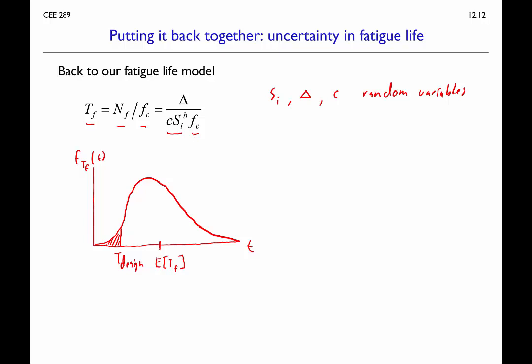Right. So if T design is my goal, I've got a couple of ways that I can compute this thing. My first option would be to calculate the expected value of TF. And we know the pieces to calculate that thing. And then in terms of my SN curve that I'm going to use for my design ultimately, we could make an adjustment.